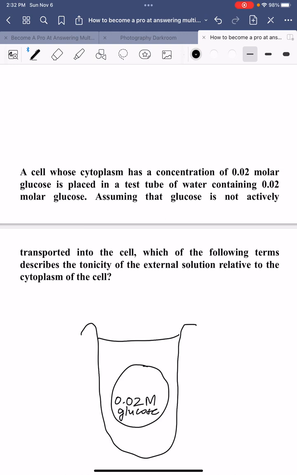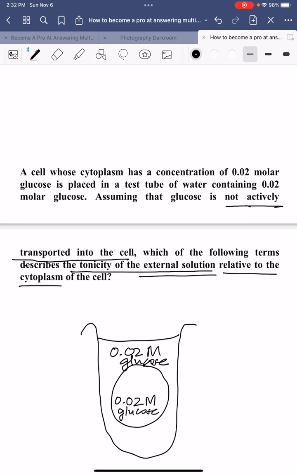It is in that water containing also 0.02 molar glucose. Assuming that glucose is not actively transported into the cell, so there's no additional ATP energy involved here, which of the following terms describes the tonicity of the external solution relative to the cytoplasm of the cell?